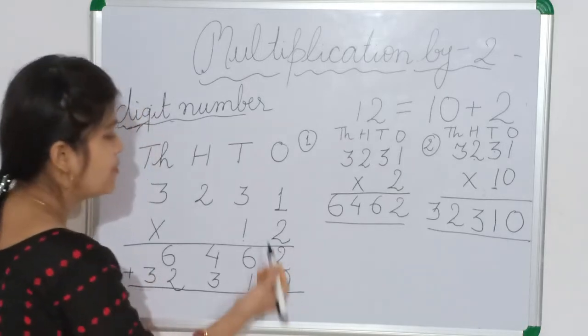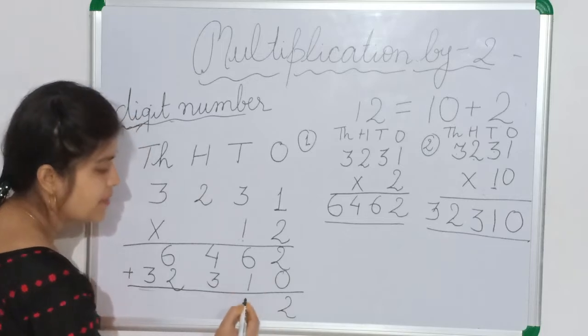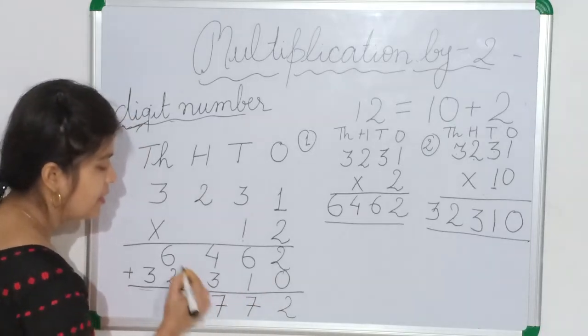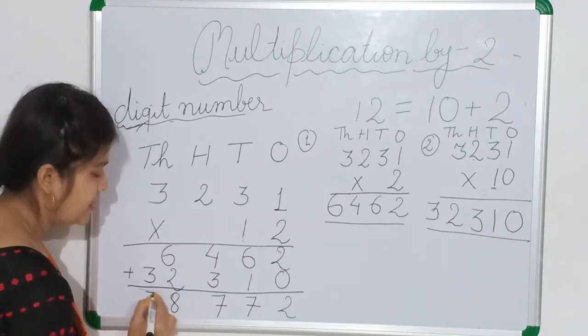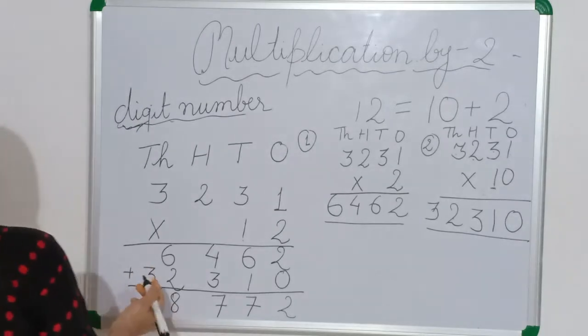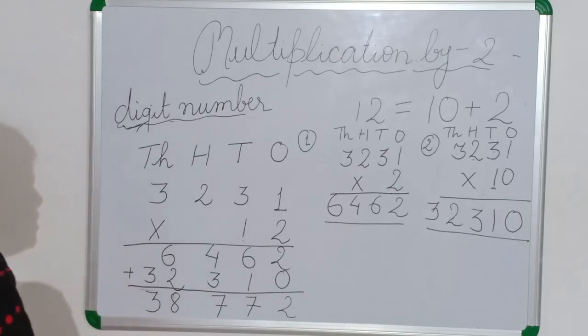I will add these two numbers together. 2 plus 0, 2. 6 plus 1, 7. 4 plus 3, 7. 6 plus 2, 8. And here it is 3. So our answer is 38,772. So it is very easy.